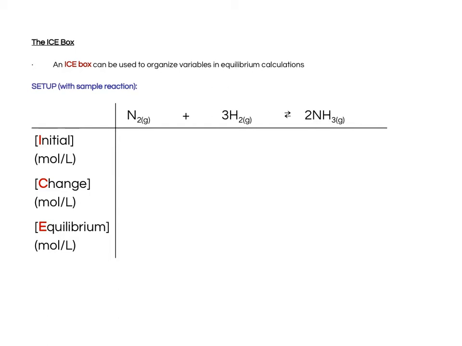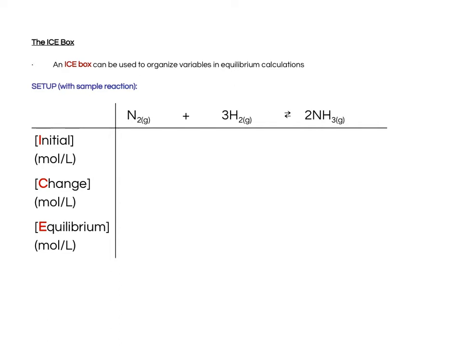So I want to talk to you a little bit about some of the basic rules related to using an icebox. First off, I'm just completely making up some values here, just for example's sake, so they're not meaningful in any kind of real question situation.